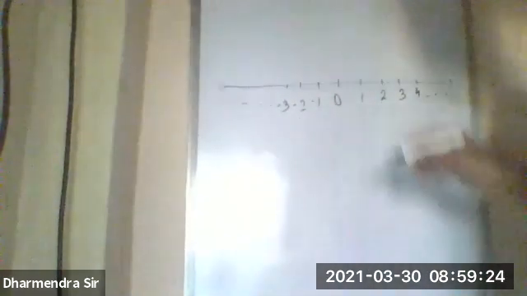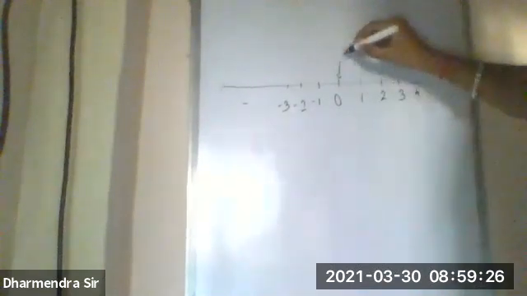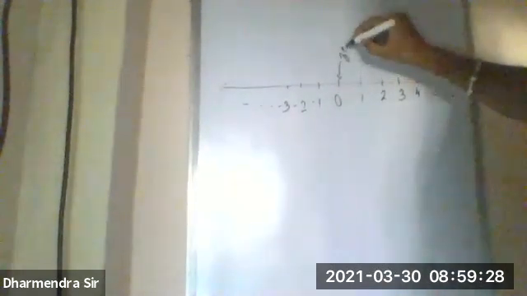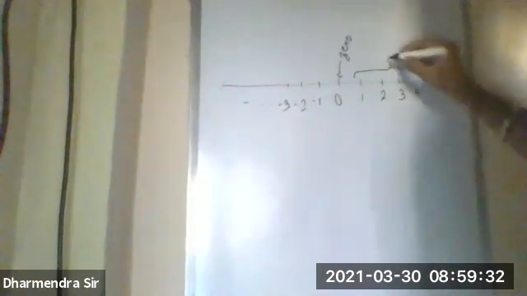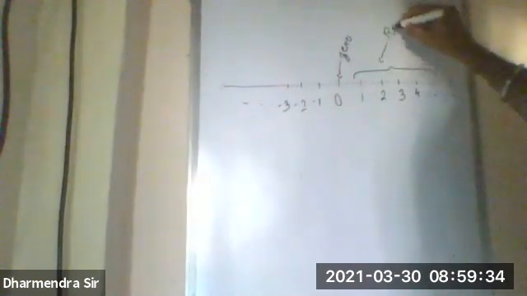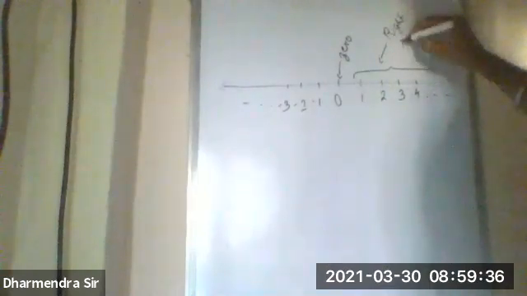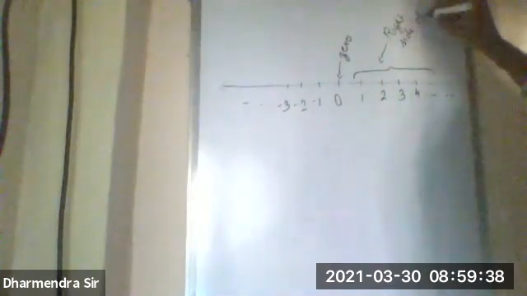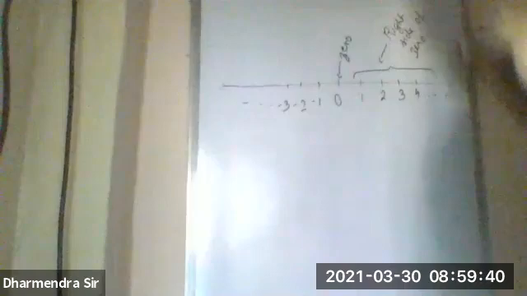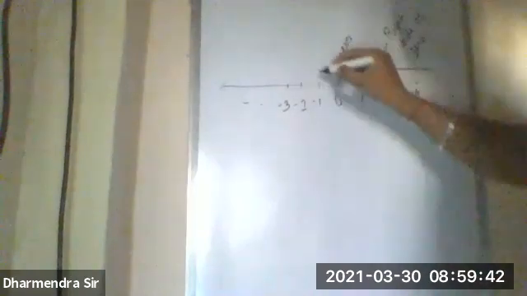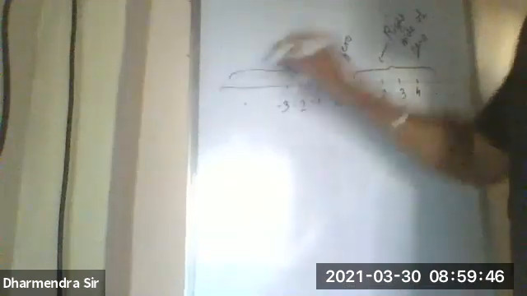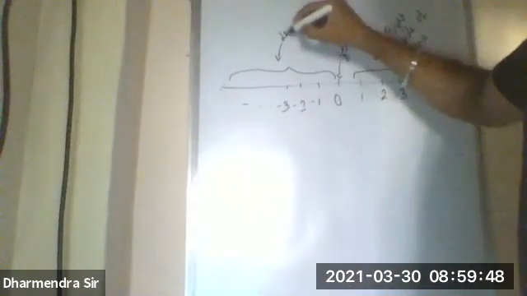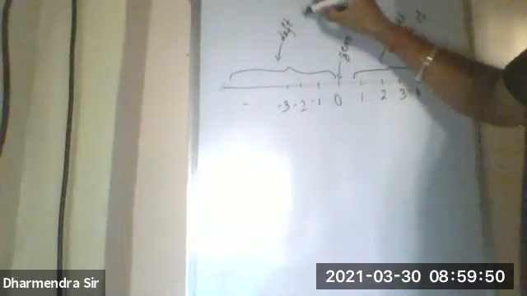Now this is zero, and this part is the right side of zero, and this part is the left side of zero.